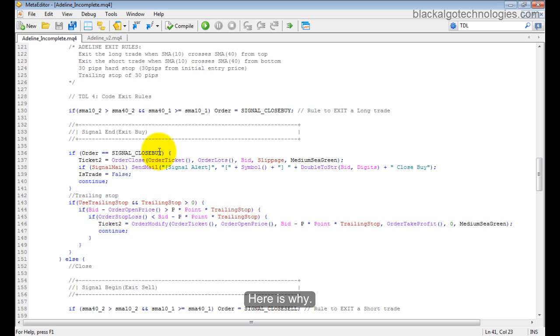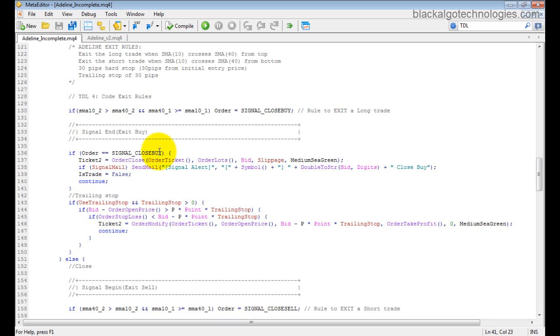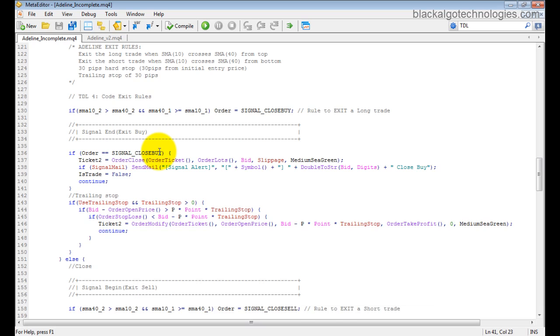This is the reason. If on the same tick, same bar, there is an entry signal and there's an exit signal. Let's say that your EA only allows you to hold one position at one time. In the ideal world, the position will be exited first, then the entry signal will be run.